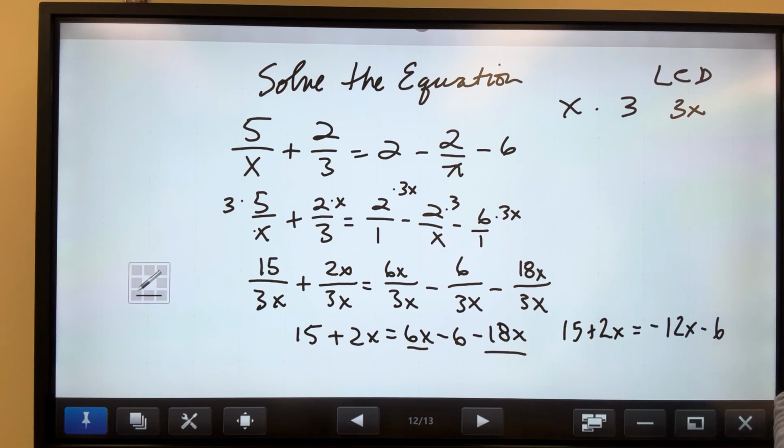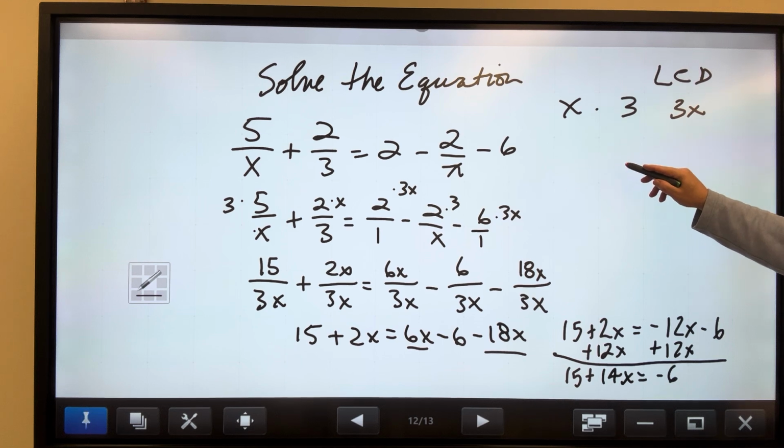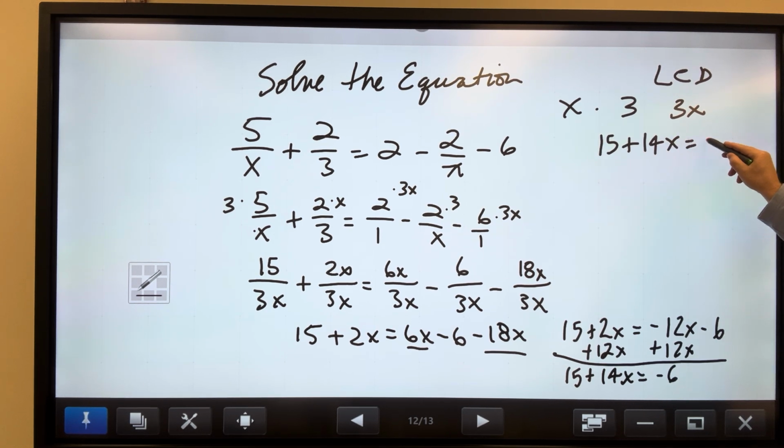Now I'm going to maneuver some stuff. So I'm going to add 12x to get 15 plus 14x is equal to negative 6. I'm going to put it up here: 15 plus 14x is equal to negative 6.